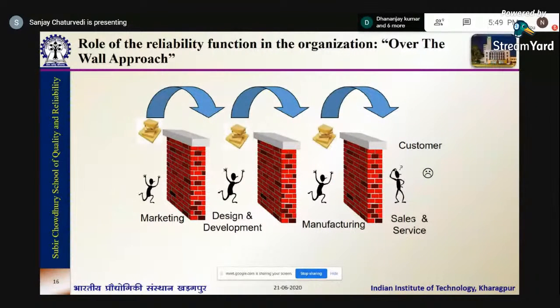Then it goes to manufacturing, and finally it goes to the customer, and the customer finds what the requirements were and that it was not meeting them. So it's an over-the-wall approach where all four walls are created and nobody is communicating in a manner to satisfy the customer. This is the conventional approach followed earlier.